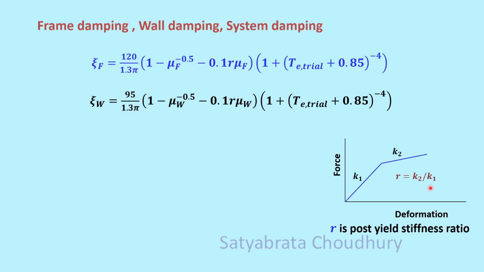Now the R that we discussed, the post-tilt stiffness ratio: suppose the yielding is here, after yielding the stiffness is K2, the original stiffness is K1, so if you take the ratio K2 by K1, this is your R. Generally it is 0.05 to about 0.1. So using this formula and the known values, we calculate the damping in the frame as 8.97 percent, and the damping in the wall as 13.74 percent.